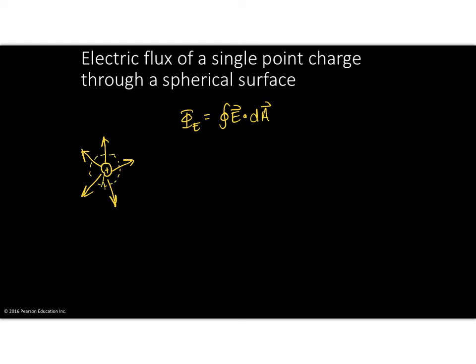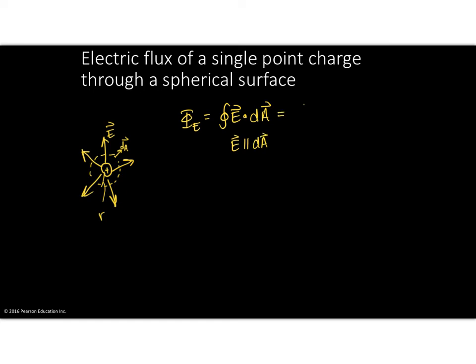It has a radius of r. Why am I going to do that? There's a couple different reasons. These are the electric field lines. This would be the dA right here. What we're going to find is that in general, at any point on that sphere, the electric field line is going to be parallel to the area vector.